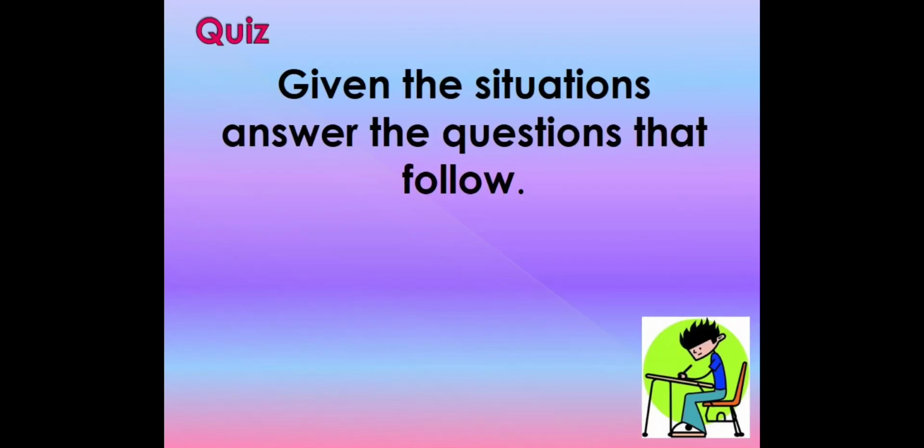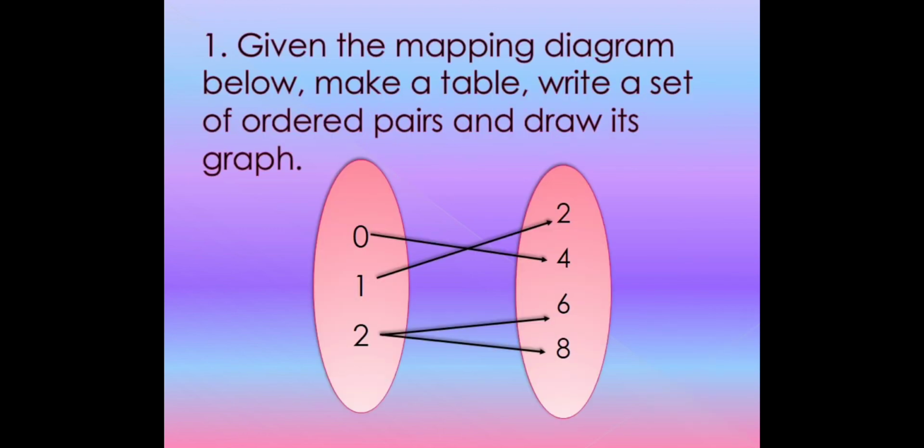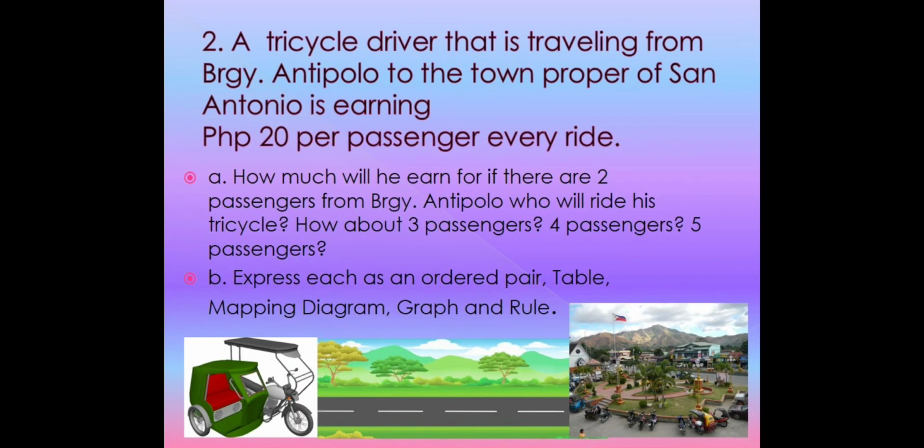And now that you understand relation and function and how to illustrate it, let's have a quiz. So, given the situations, answer the questions that follow. Given the mapping diagram below, make a table, write a set of ordered pairs, and draw its graph. And number 2, a tricycle driver that is traveling from Barangay Antipolo to town proper of San Antonio is earning 20 pesos per passenger every ride.